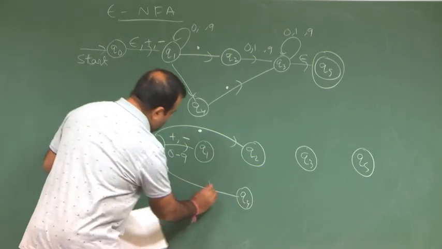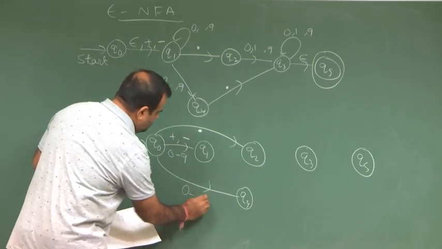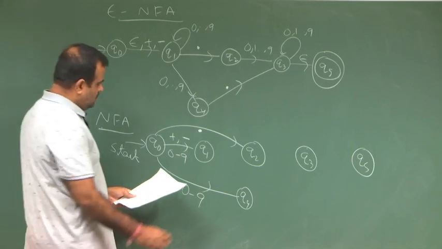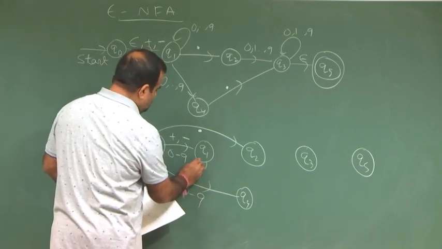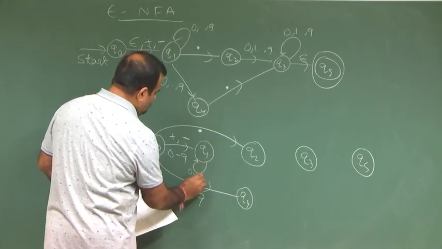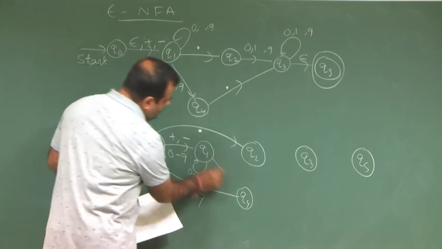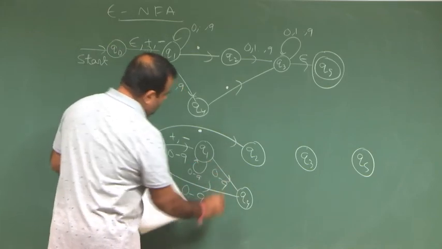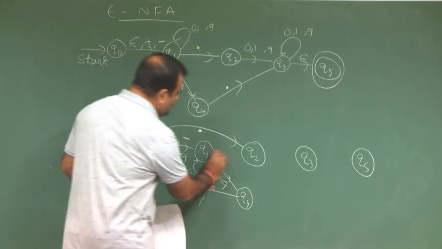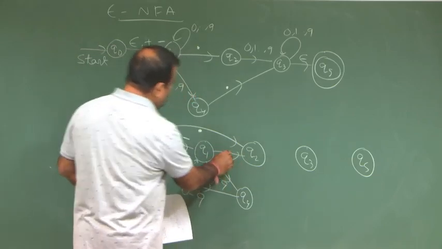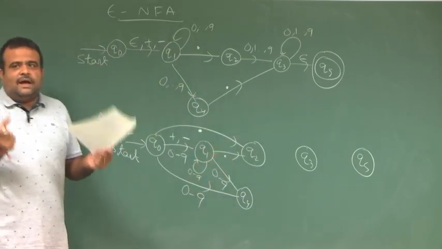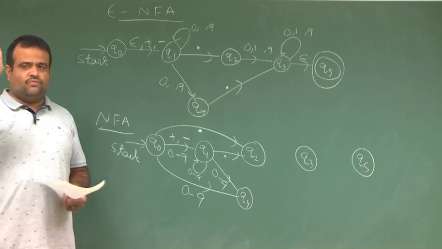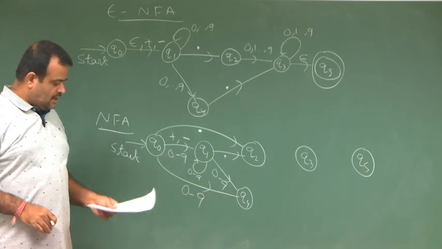From here, with any digit 0 to 9, we go here, or with any digit we can go from here to here, and with dot we will go to q4. So, we are just absorbing the epsilon move with the normal string.